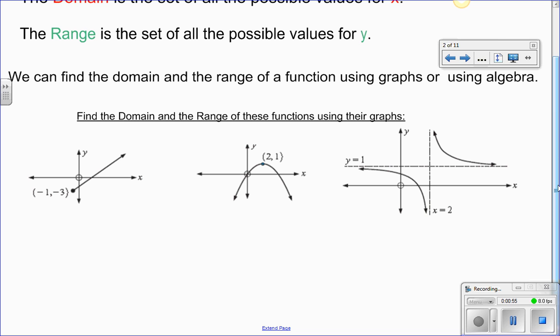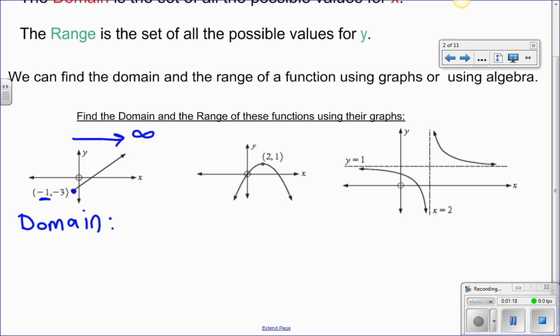if we're looking at this first graph here, and we want to find the domain, we want to state all the possible values of x. Notice this function has an x value of -1 at this point here, and it goes all the way forever towards positive infinity.